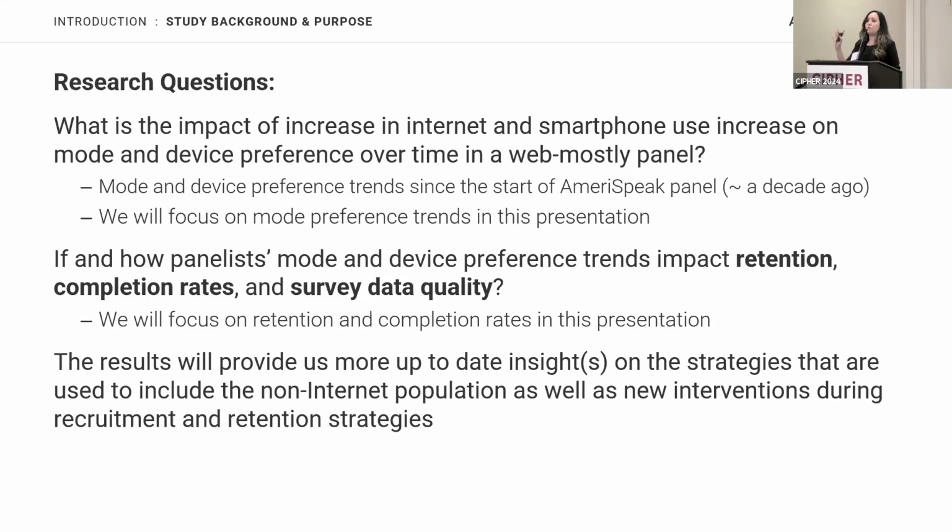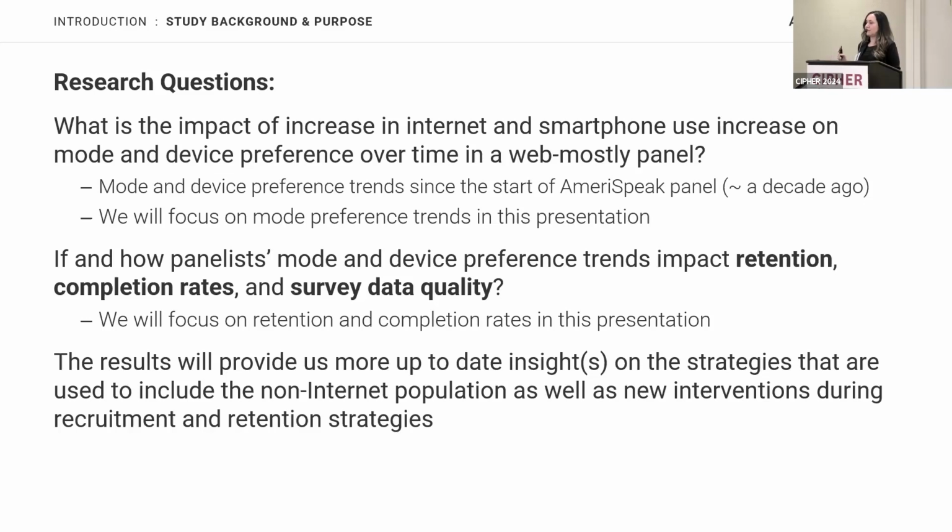So the two main questions that we have investigated are, number one, what's the impact of the increase in internet and smartphone use on mode and device preference over time in a web-mostly panel, which is AmeriSpeak. I will be presenting results of mode preference trends since the start of the AmeriSpeak panel, which is about a decade ago.